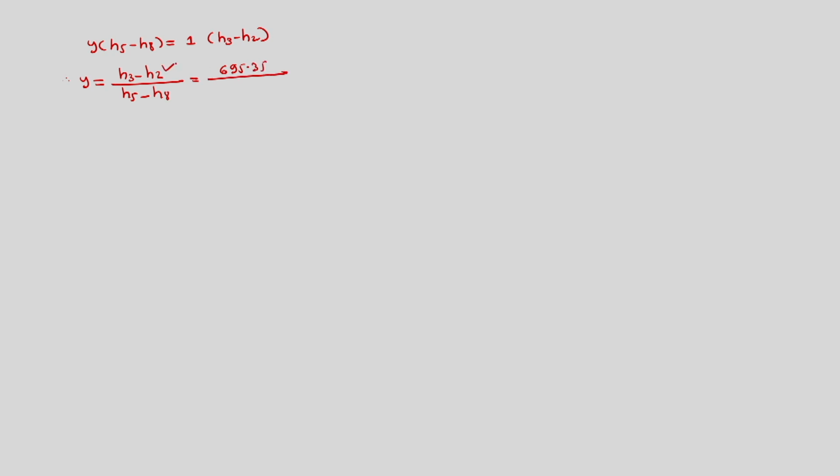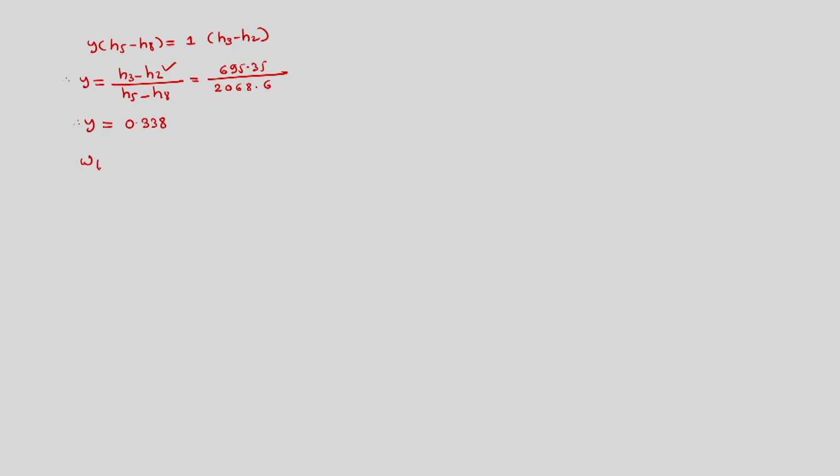The numerator delta H is 695.35 and the denominator delta H is 2068.6, so we get Y as 0.338. This is the mass fraction which is extracted for the process of drain cascade backward.